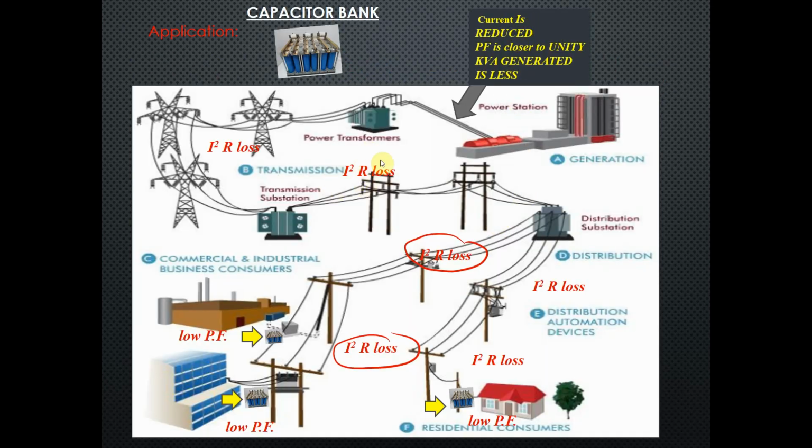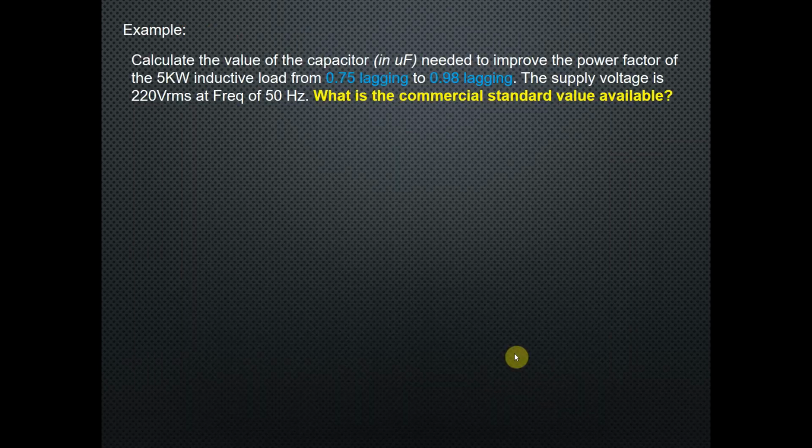If current is reduced, the losses will also be reduced, so the generated kVA is reduced. It will affect the fuel consumption and the life expectancy of the generator. As far as maintenance, the power company will save a lot of money. In return, the price per kilowatt hour of the power will also be cheaper.